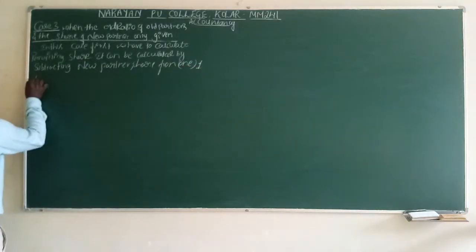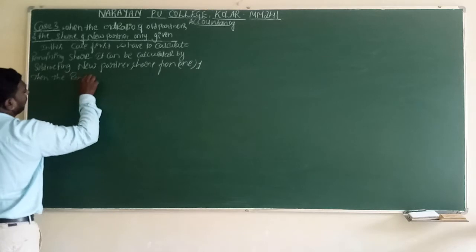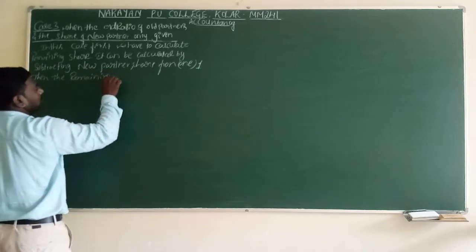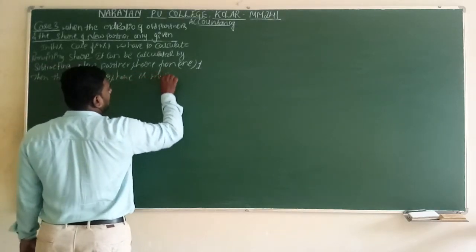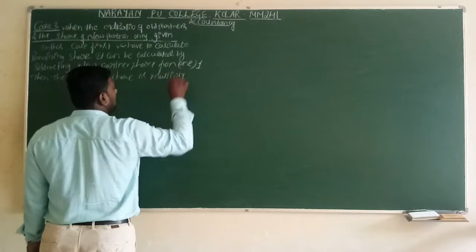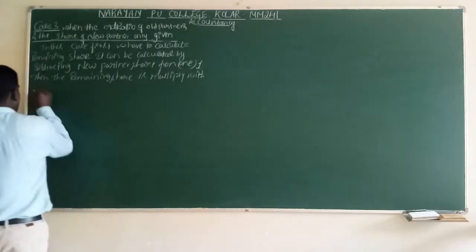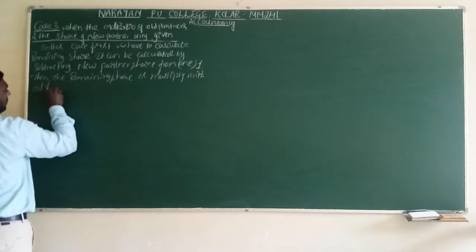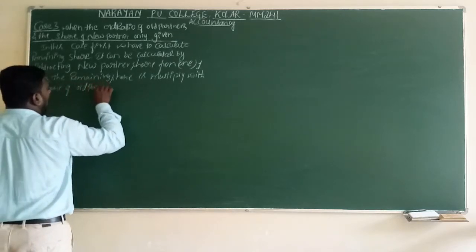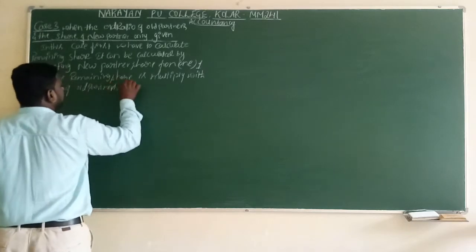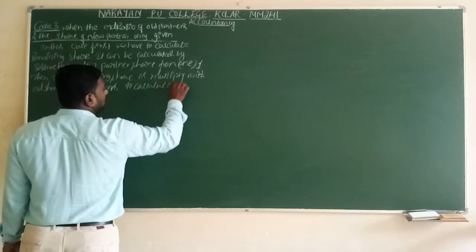Then the remaining share is multiplied with the old share of old partners to calculate the new profit sharing ratio.